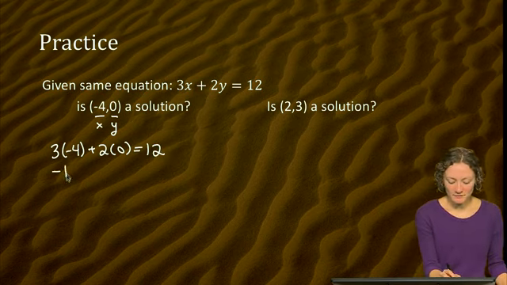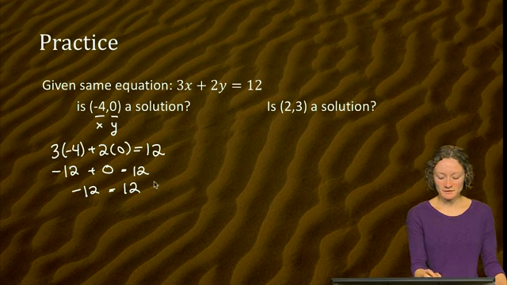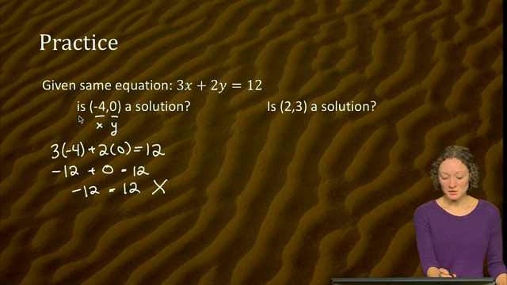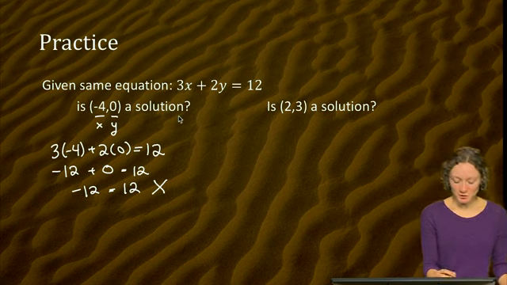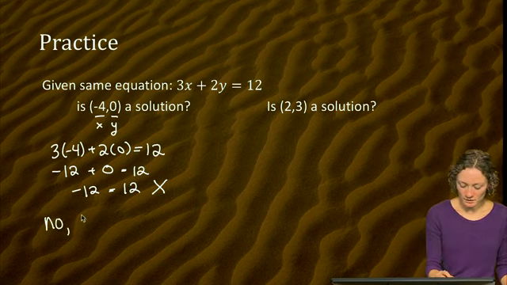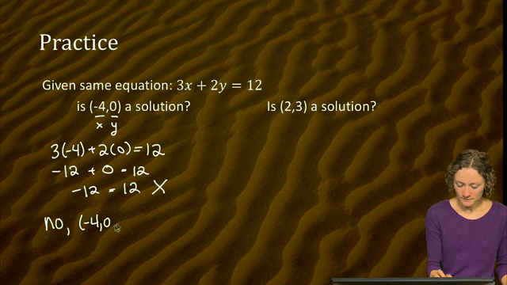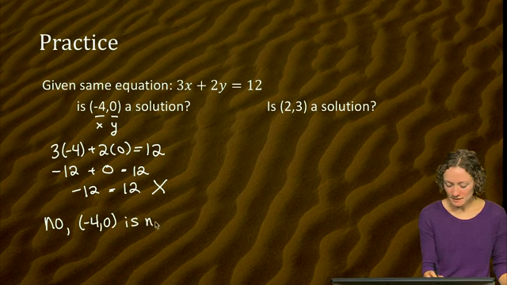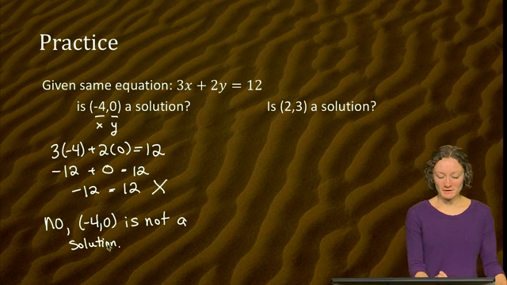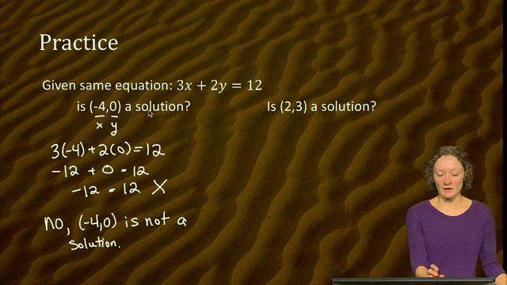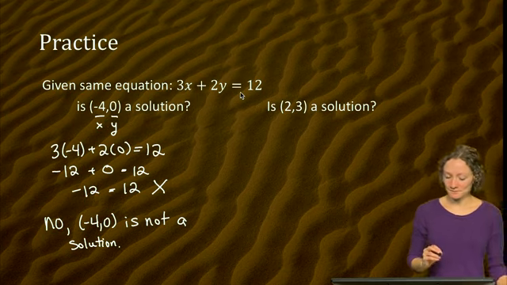We get a statement of -12 equals 12, which is false. So, to answer the question, is (-4, 0) a solution? No. (-4, 0) is not a solution. We're looking for true statements for this to be a solution. So this ordered pair doesn't fall anywhere on the line of this linear equation.